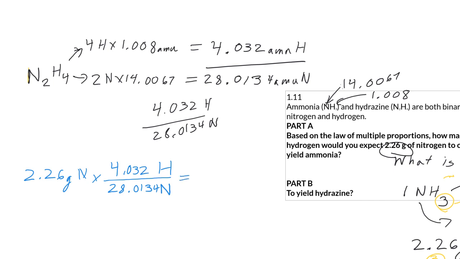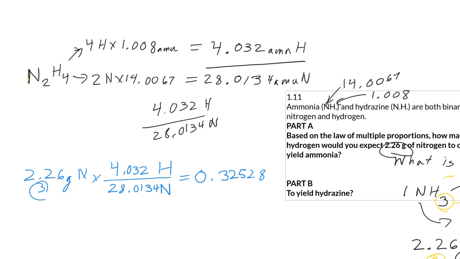So I multiply everything on top, divide through by everything on the bottom: 2.26 times 4.032 divided by 28.0134 gives me 0.32528.